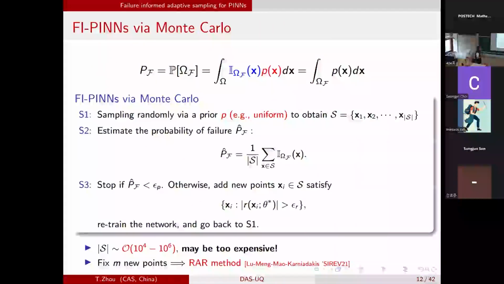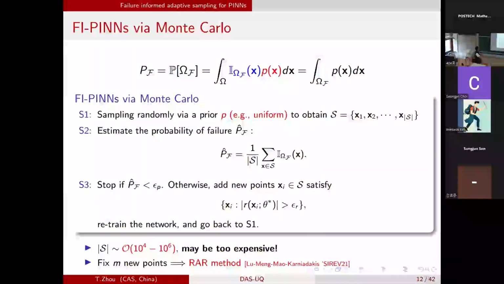And to do this, actually, you can have a very naive approximation. As I mentioned in the beginning, you always use uniformly distributed points as the training points to begin your training for the neural network. After a few steps of training, you will get some information from the residue. And in the current step, you can, based on this residue, refine the points. But how to refine the points?